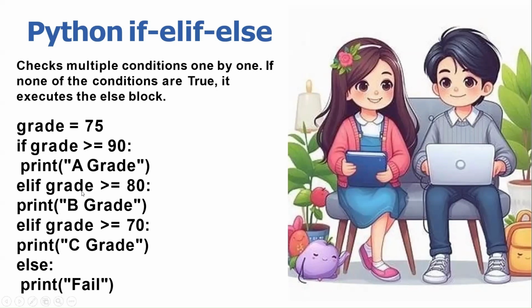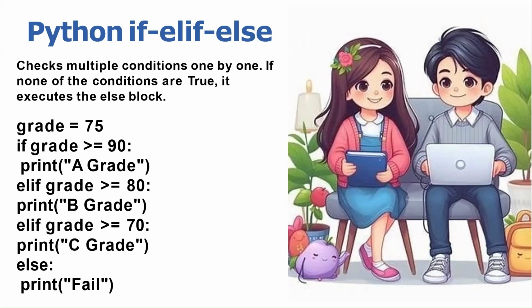In this line, it will check if 75 is greater than or equal to 80. This line will be false, so it will go to the next line. If 75 is greater than or equal to 70, print C grade. So it will check whether the grade 75 is greater than or equal to 70, and this line will be true.